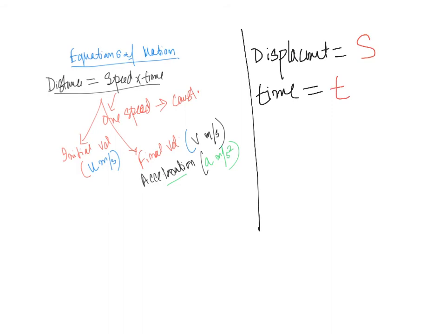We would be denoting initial velocity as u, English alphabet u, u for umbrella, and final velocity as v, v for victory, and acceleration as a.